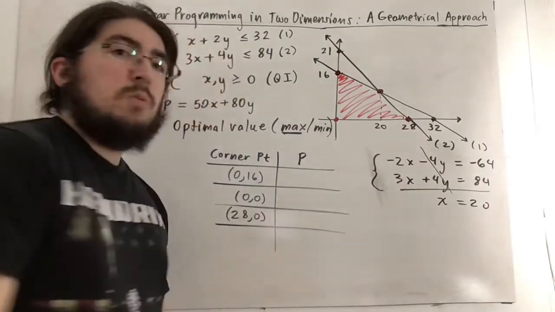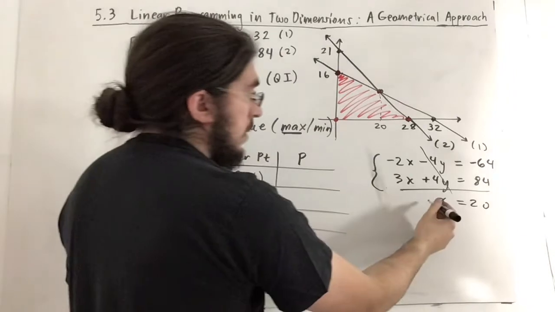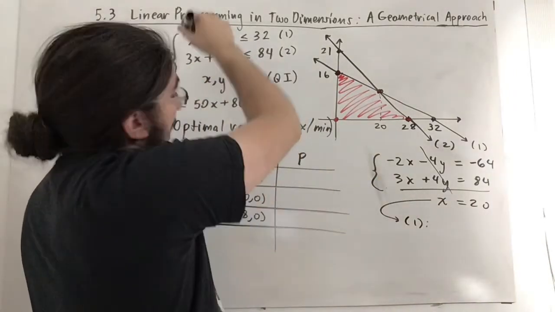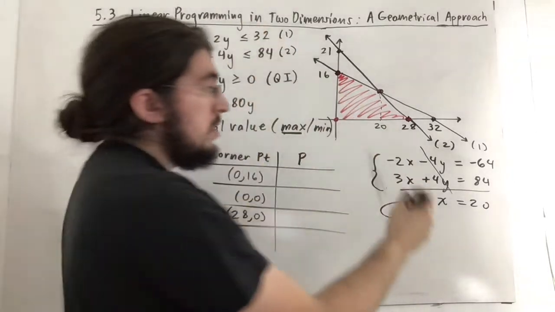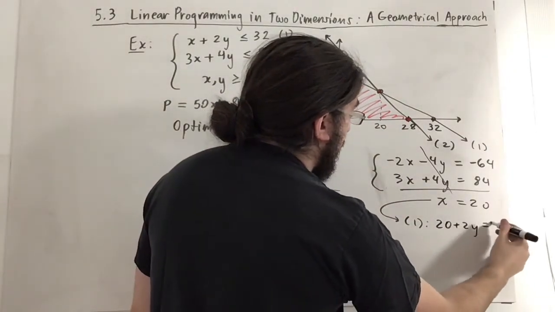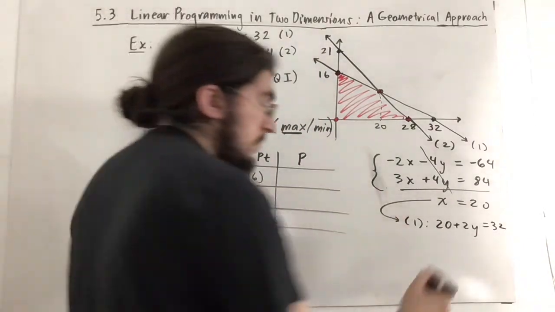Perfect. What's the y value? Well, plugging this into equation 1, we get x plus 2y is equal to 32. Since x is 20, we get 20 plus 2y is equal to 32. All we have to do now is subtract 20 and divide by 2.